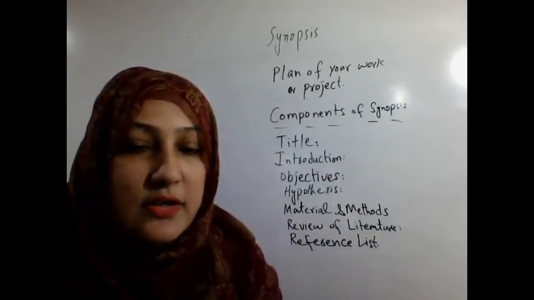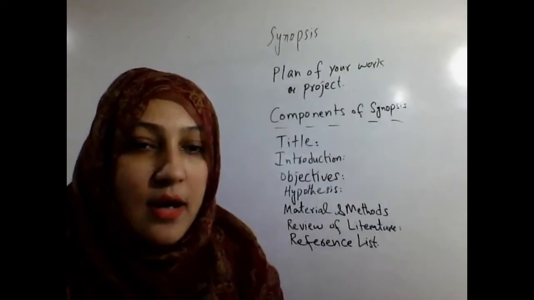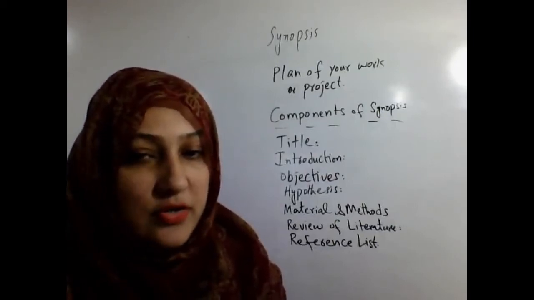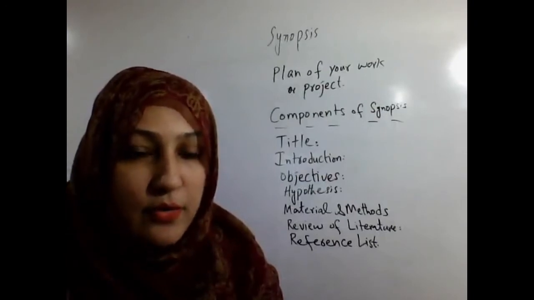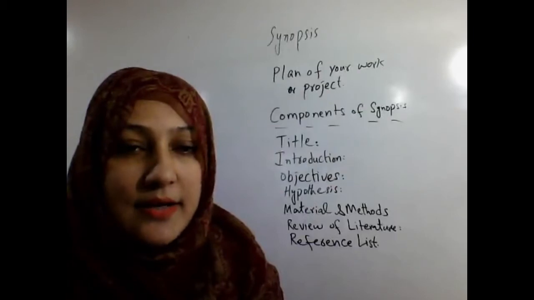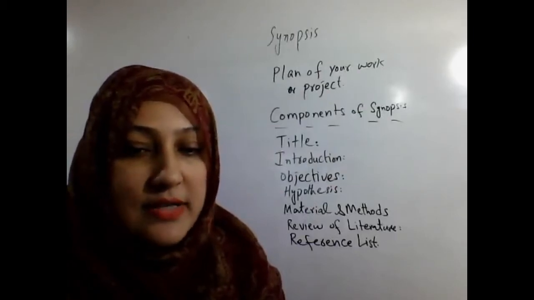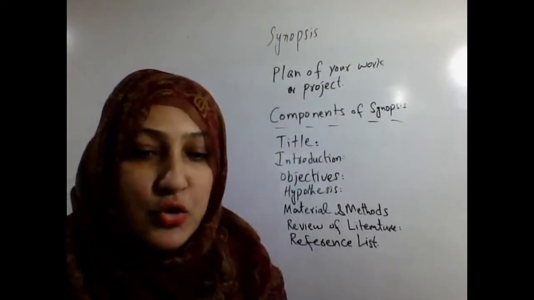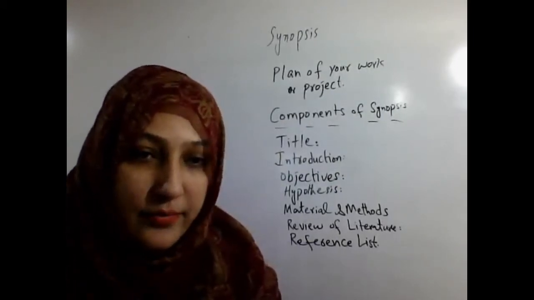Review of literature is the brief summary of the literature which you have studied for the plan of this synopsis work. And the reference list: at last you have to give the list of all the references which you have chosen in your synopsis.